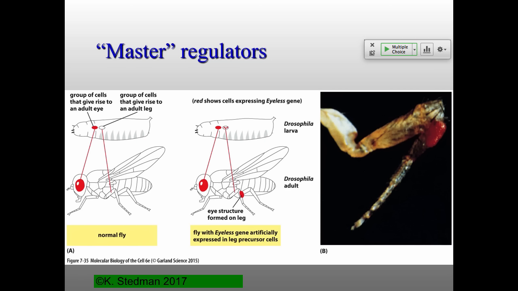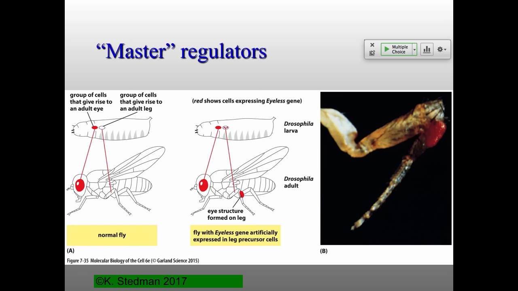And anytime you make mutations in that, it's really easy to see when you're just looking at the fruit fly that there's something weird about that particular eye. And so one of the genes that was found very early on was a gene called, you guessed it, eyeless. So what happens when you mutate this gene? It doesn't have an eye. But one of the other tricks that a lot of these geneticists figured out is you can now take these genes and express them somewhere else in the fly.